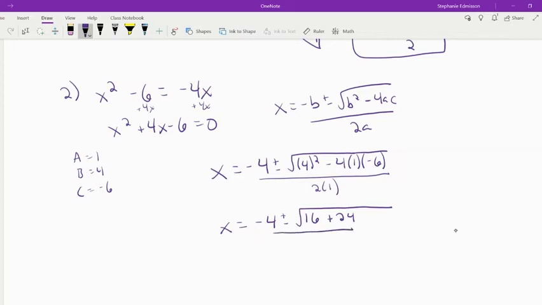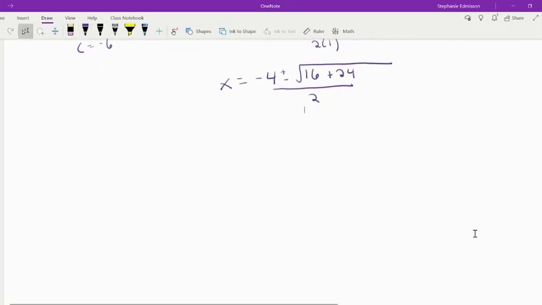All over 2 times a is 2. Okay, keep on going. So we get x equals -4 plus or minus the square root of the discriminant. Remember, the number inside of the root is called a discriminant. The discriminant is 40 over 2.